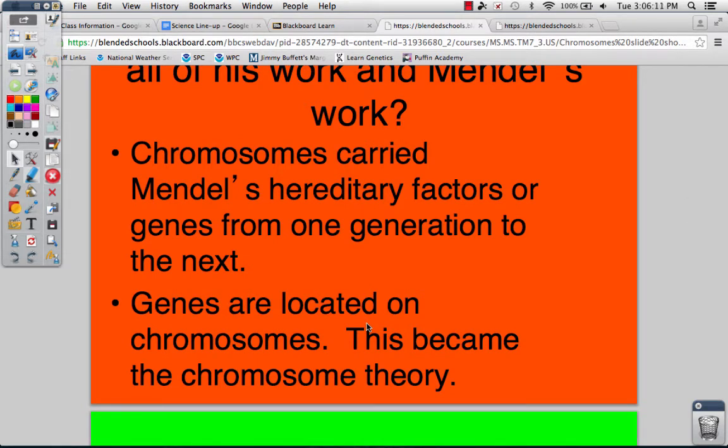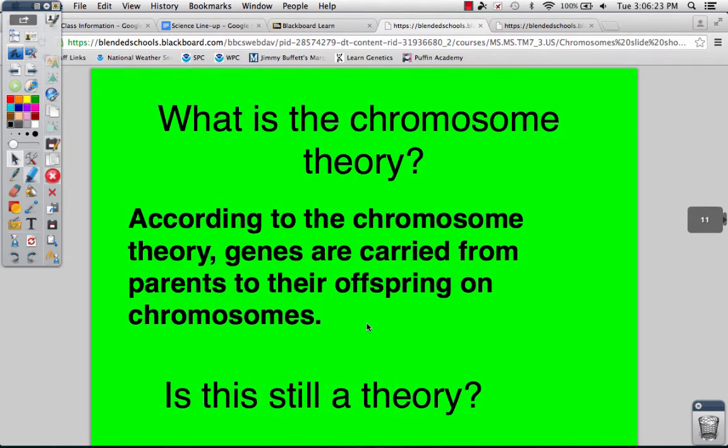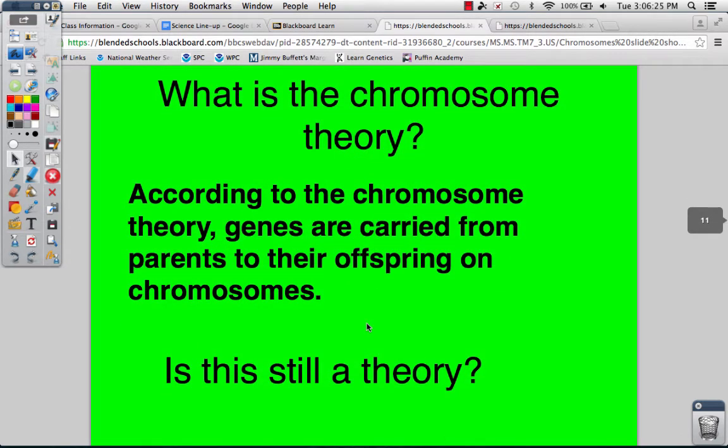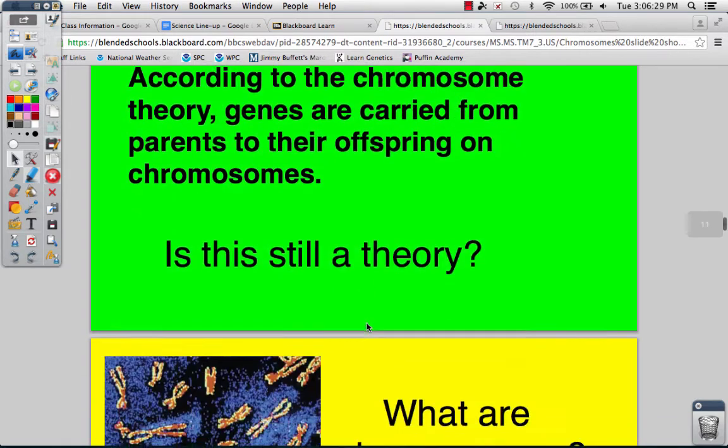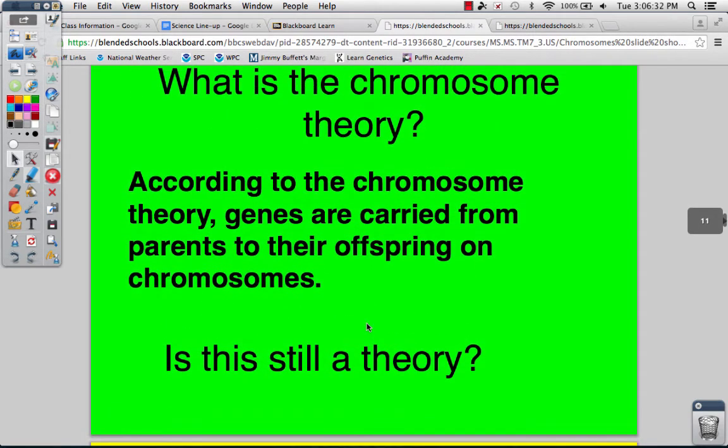So the fact that we are actually seeing these genes that code for different traits in humans, so eye color, hair color, those genes are located on these chromosomes. According to the chromosome theory, genes are carried from parents to their offspring. Is this still a theory?